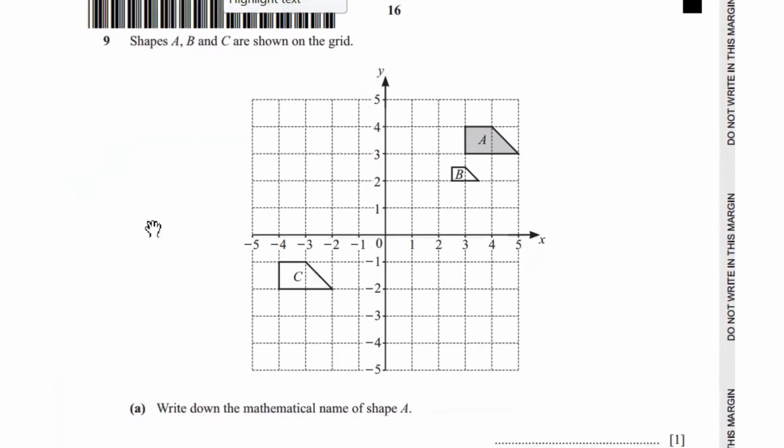Question 9 says shapes A, B, and C are shown on the grid. Write down the mathematical name of shape A. It's a trapezium. That's a trapezium.